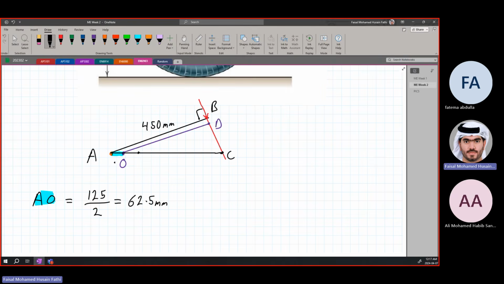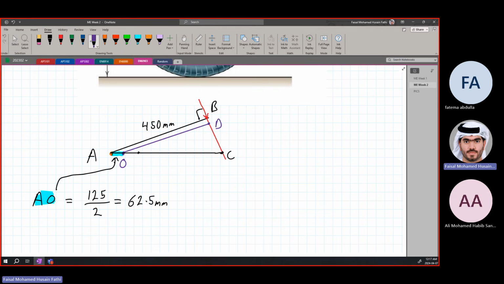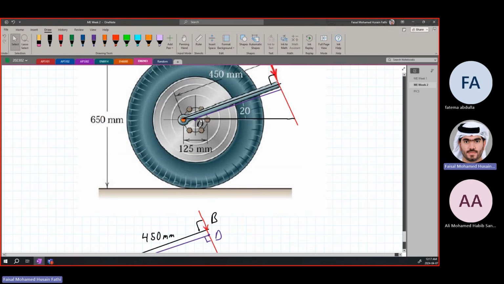So we have this distance AO to be 62.5 millimeters. Now the whole aim of what we are trying to do is find the distance OD, because this is the actual perpendicular distance from point O to the force. They want it at the center of the wheel, not where the torque wrench is being used.